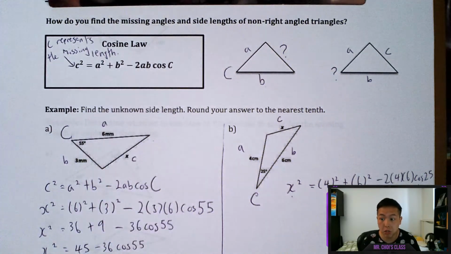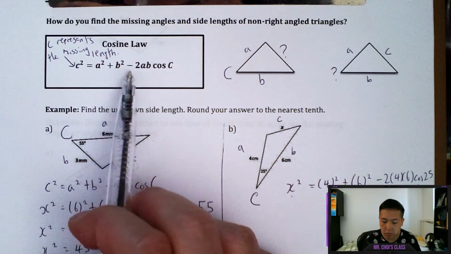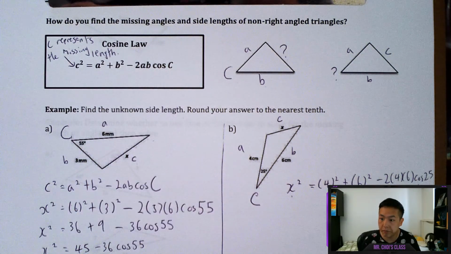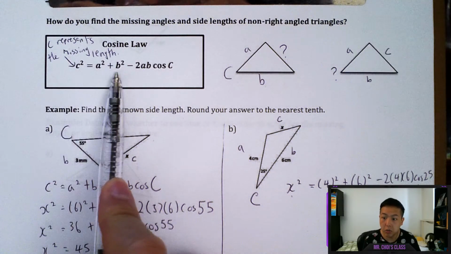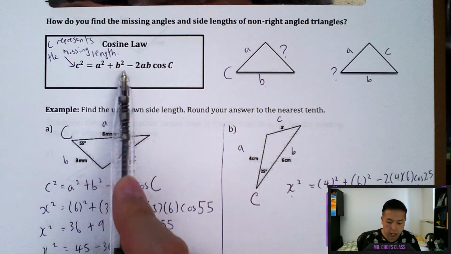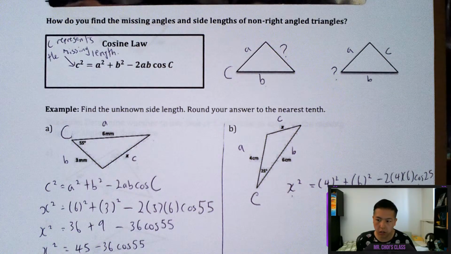A squared plus b squared equals c squared. That's the first part. So the only part you really have to memorize is minus 2ab cosine c. That's it. So the first part is the Pythagorean theorem, c squared equals a squared plus b squared. And this is the second part we're adding on to it that changes it into the cosine law.